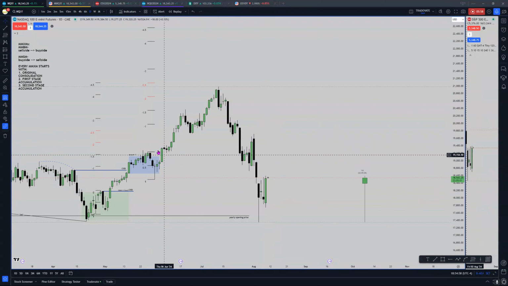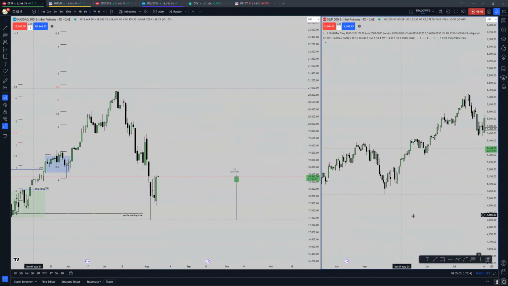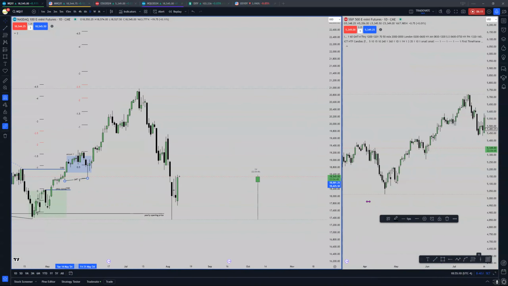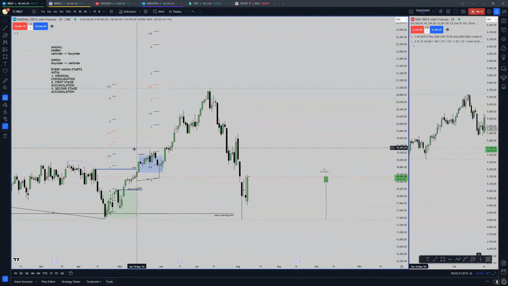So accumulation, manipulation, and let's see if we got SMT. Yep, SMT right here. And what happens after consolidation? Expansion. Price expands and has full body closure through -2 to 2.5.